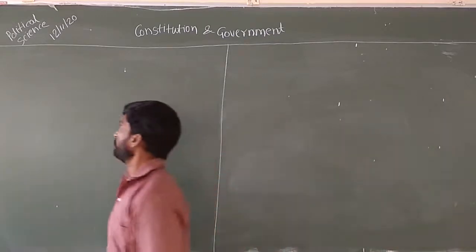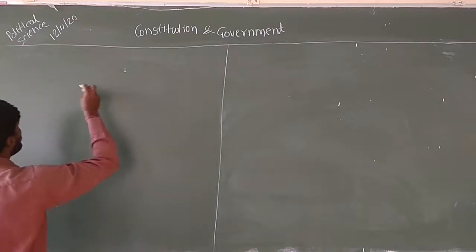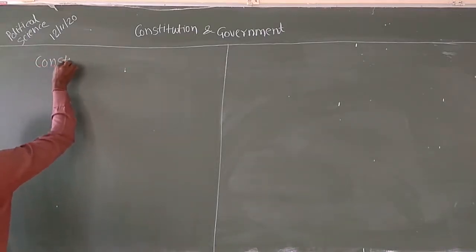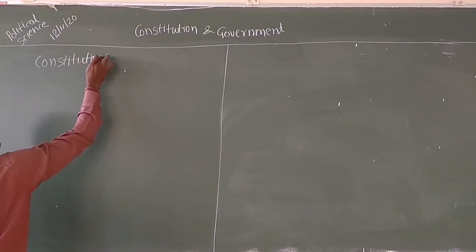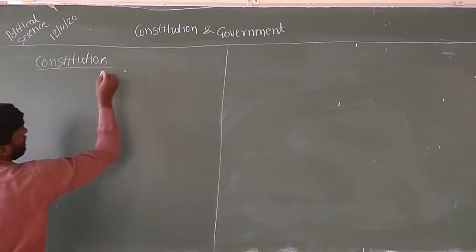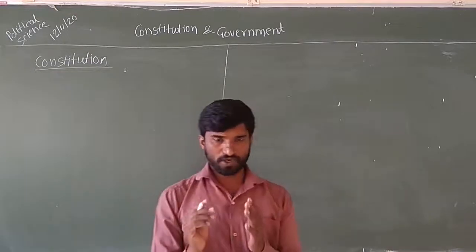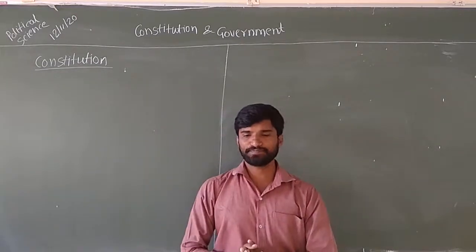Now we will start with the first part of the unit, that is Constitution. What do you know about Constitution? It is a book, a set of rules and regulations.